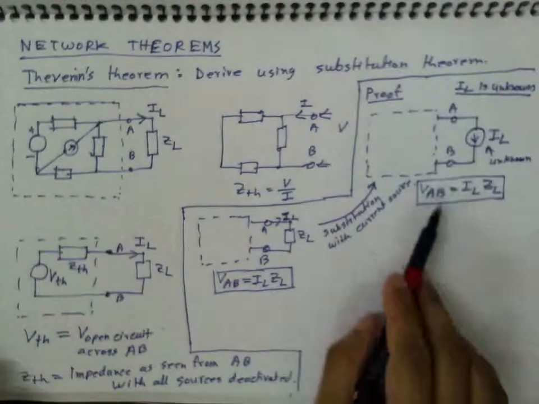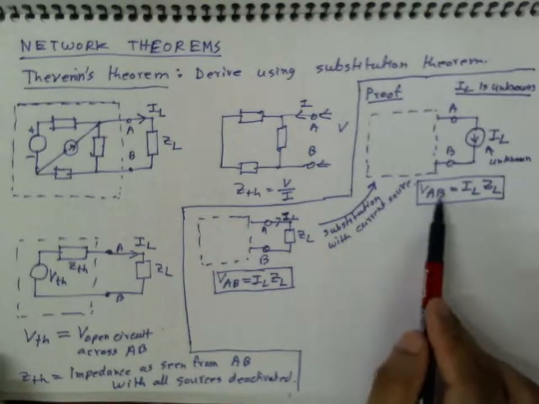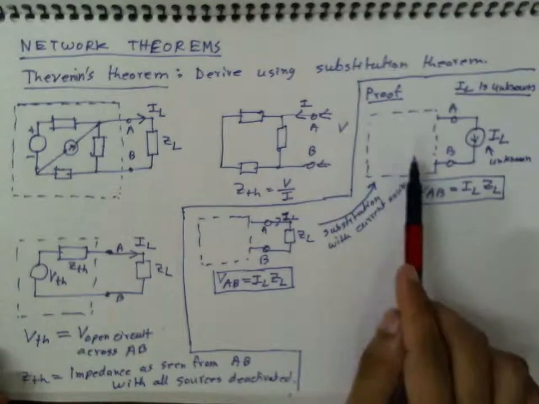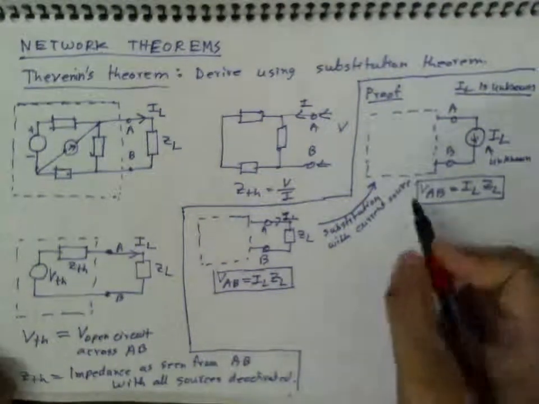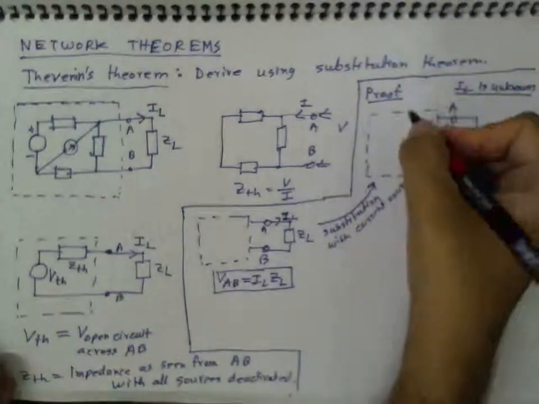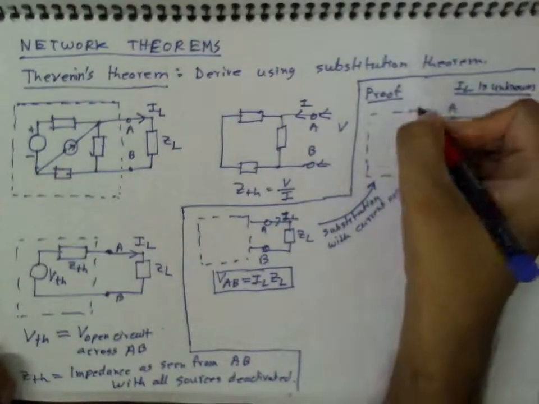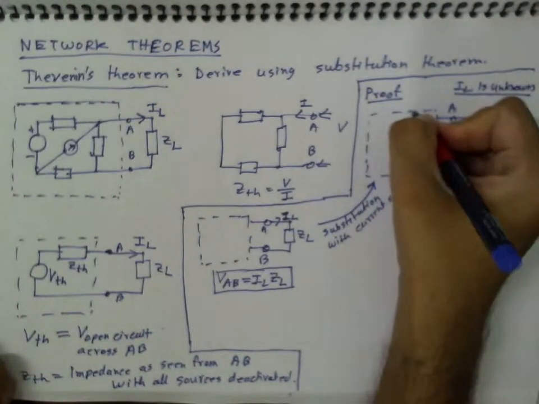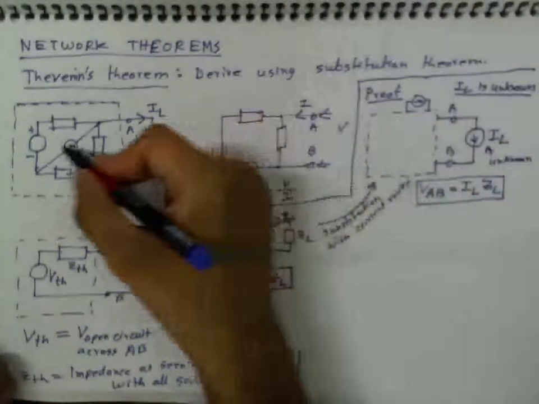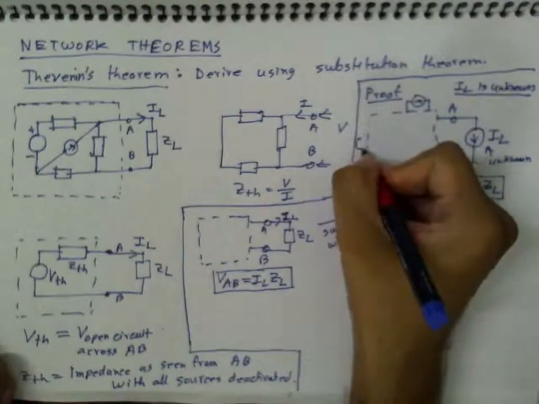Now, how can we find VAB in this modified circuit? Inside this we have a set of current sources, and also internal voltage sources.